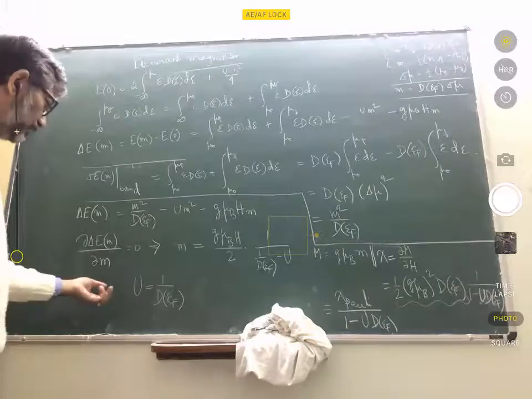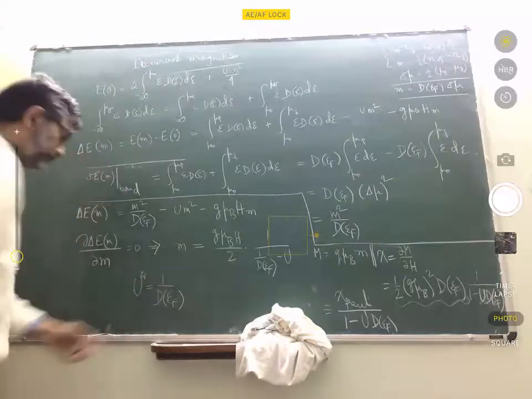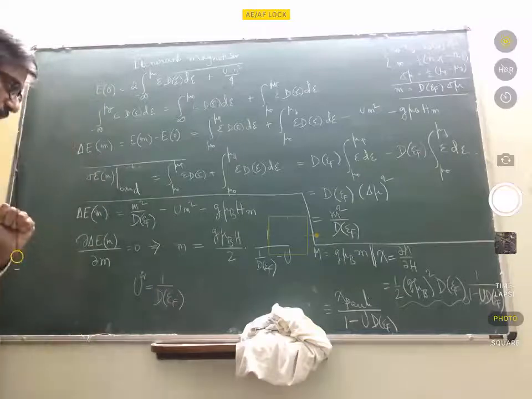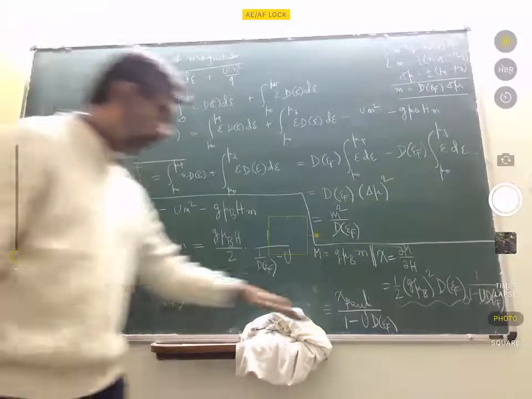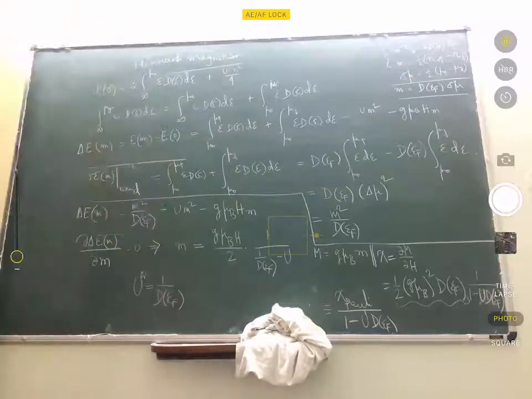Then you start increasing U, and when U reaches this critical value, 1 over d epsilon f, the denominator becomes 0. So you have a diverging susceptibility.